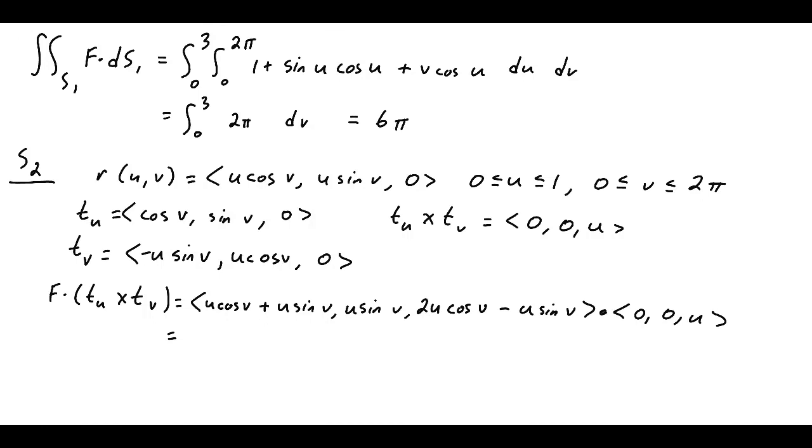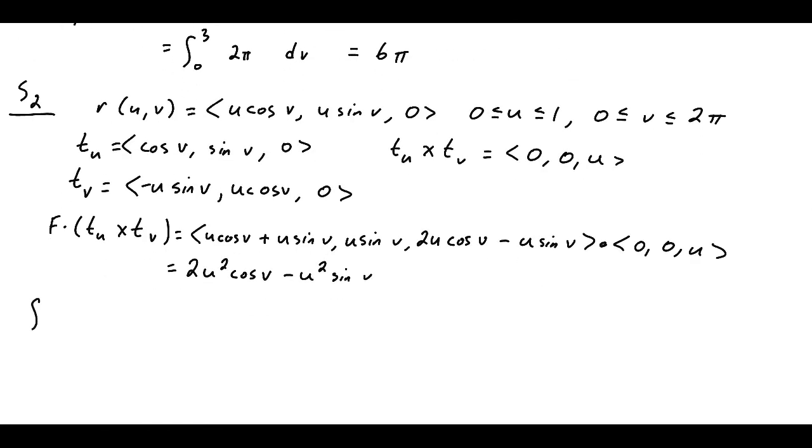Calculating that dot product, that'll be equal to 2u² cos v minus u² sin v.